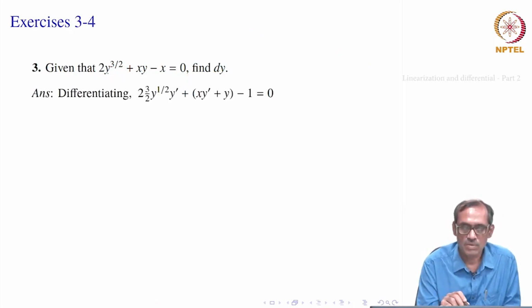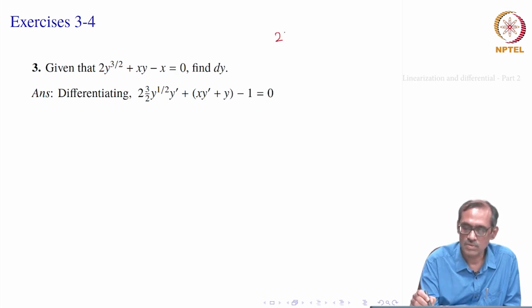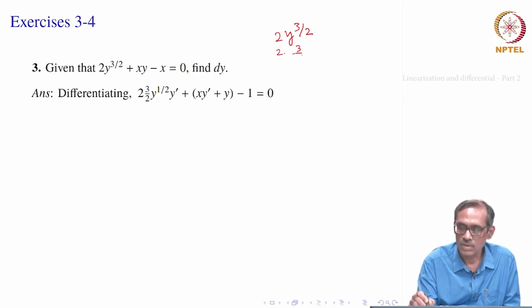First thing is we have to find the derivative, y prime. So, you differentiate the expression itself using implicit differentiation. That gives you 2 into 3 by 2 into y to the power 3 by 2 minus 1 into y prime.